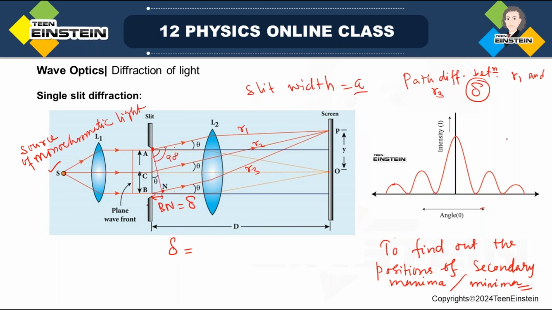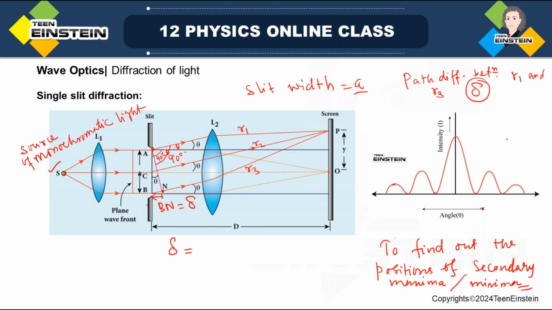So how much is this part? I'll show you one by one. This angle is 90 degrees, this is theta, so this is 90 minus theta.